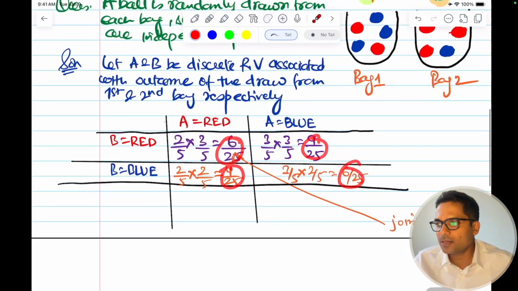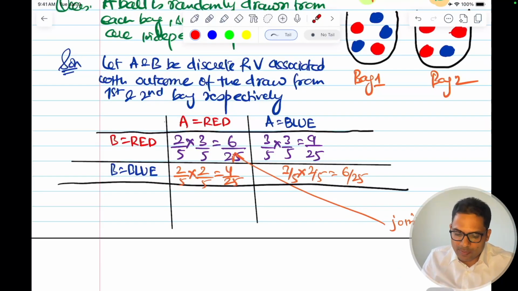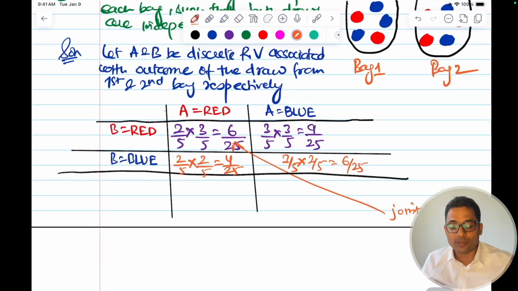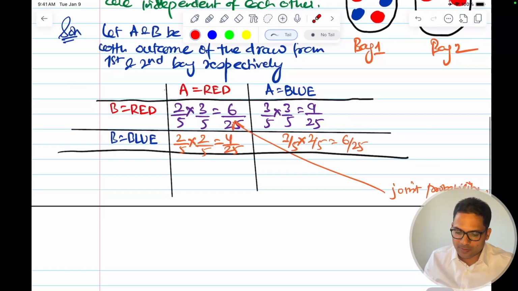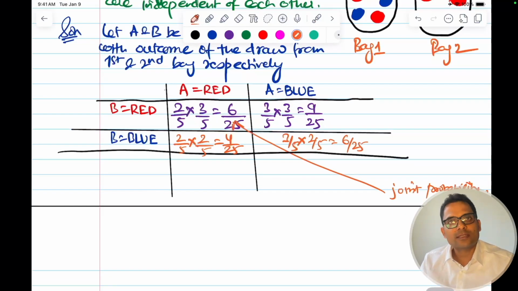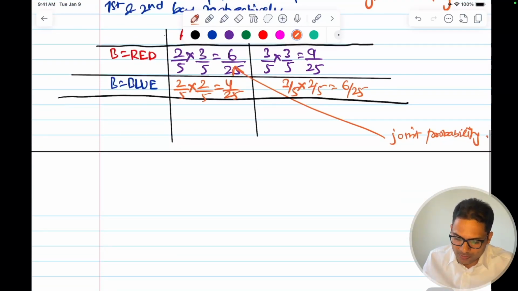And there's an important thing: if you sum up all these joint distributions, they should sum up to 1. That's the required property. Let's see if it sums up to 1 or not.